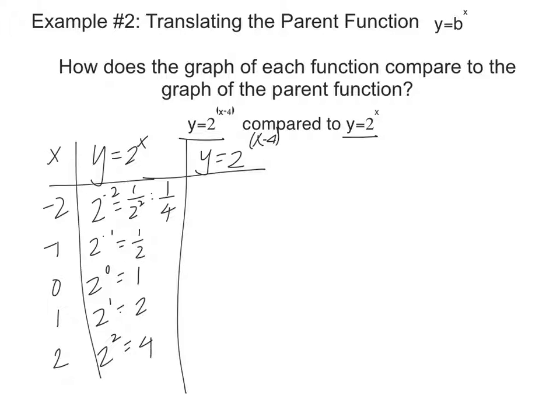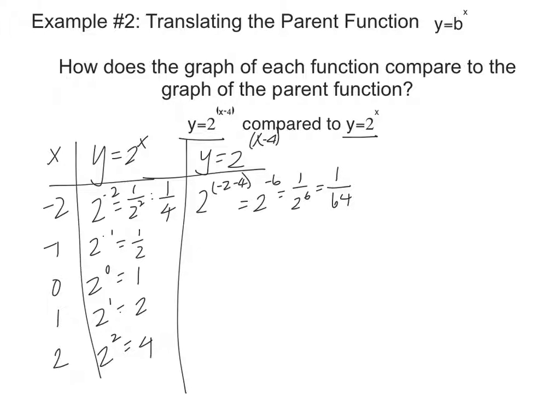So this becomes 2 to the negative 2 minus 4, which is really 2 to the negative 6, which is really 1 over 2 to the 6, which is 1 over 64.